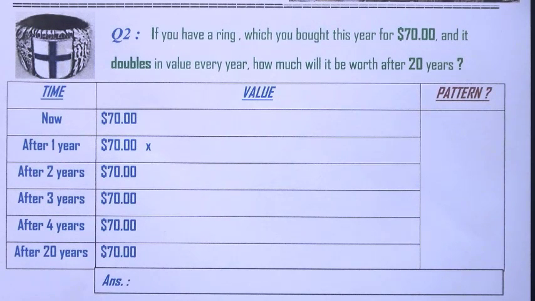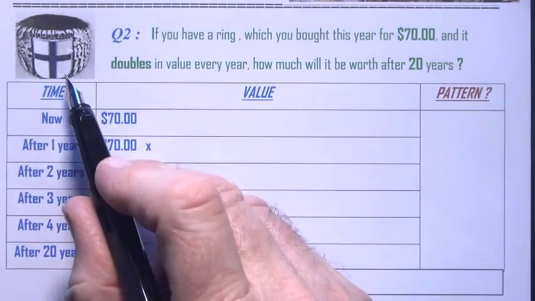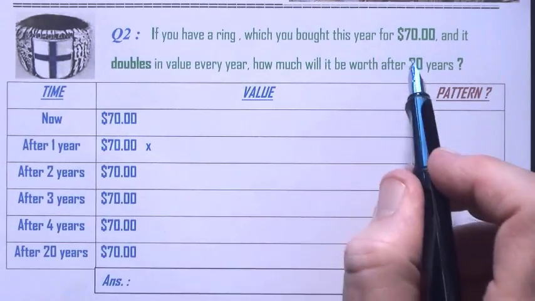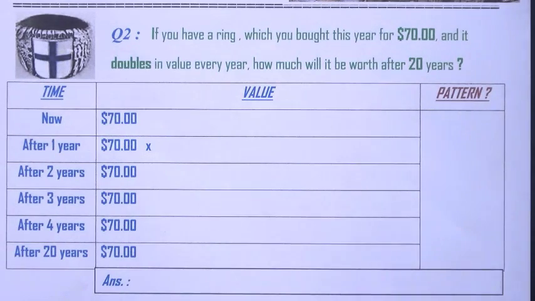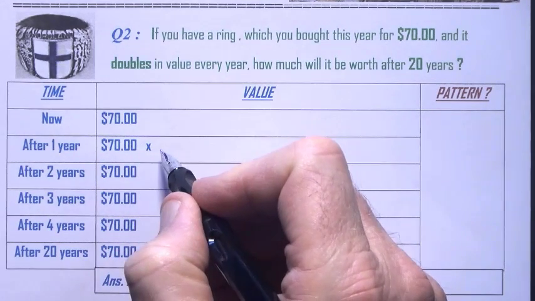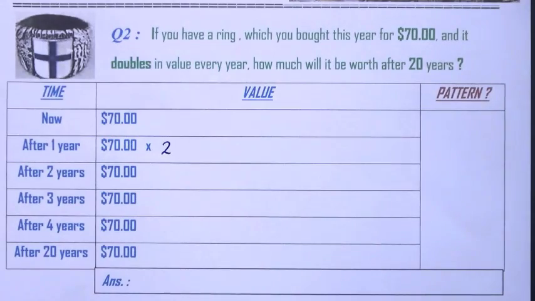All right, let's do question 2. If you have a ring which you bought this year for $70 and it doubles in value every year, how much will it be worth after 20 years? Well, this year it's worth $70. Next year it will be $70 by 2.